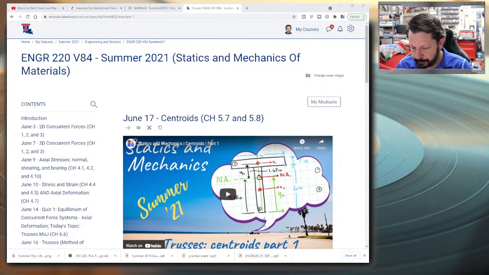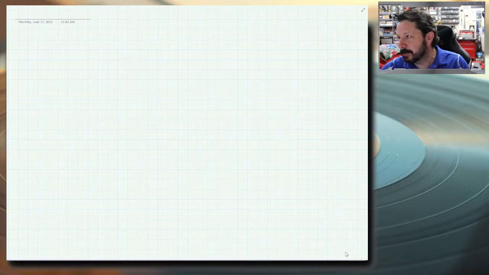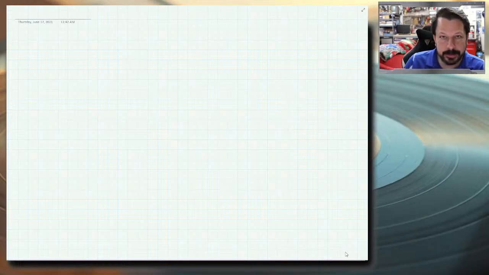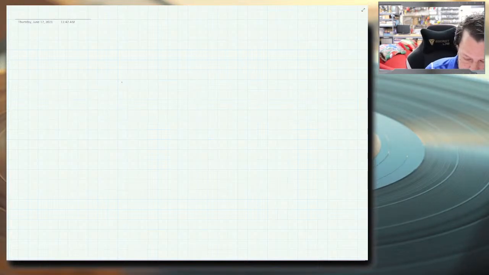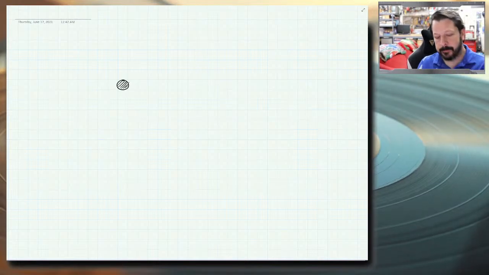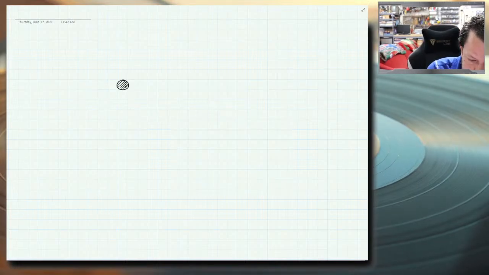Let's start with just kind of a not derivation so much as just an explanation of where all these things are coming from. So I'm going to start with a circle. We'll make it a shaded in circle, and let's put it in a coordinate system.